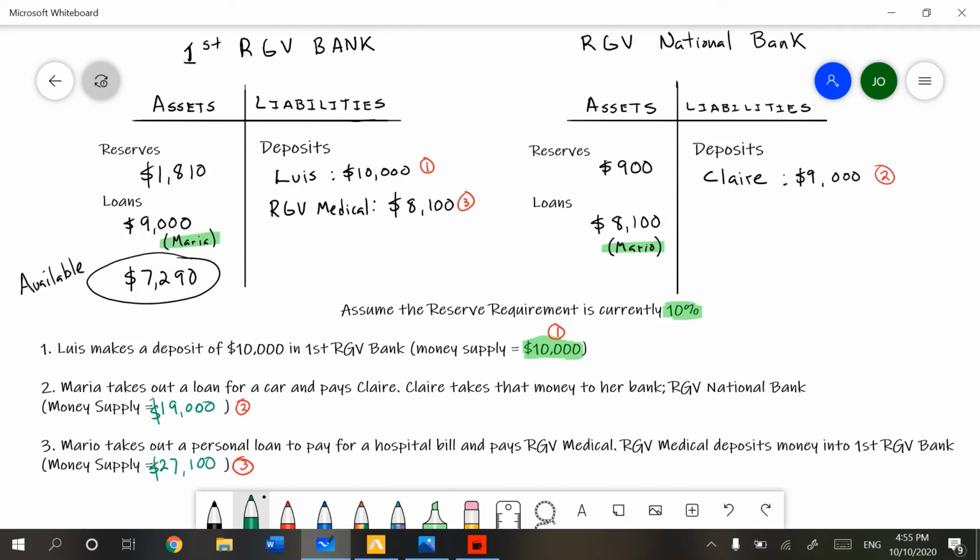So, we can clearly see that with the fractional banking system that uses loans and deposits to circulate money, we have created $17,100 in this very simple economy. This is how the fractional banking system creates money.